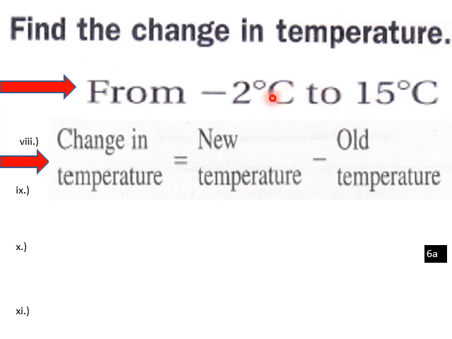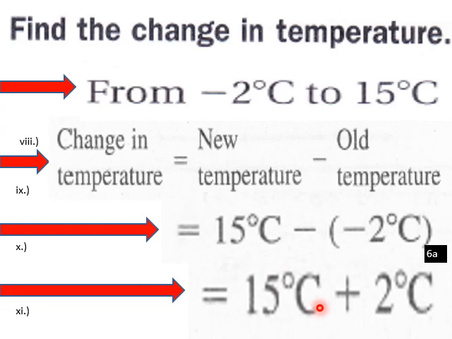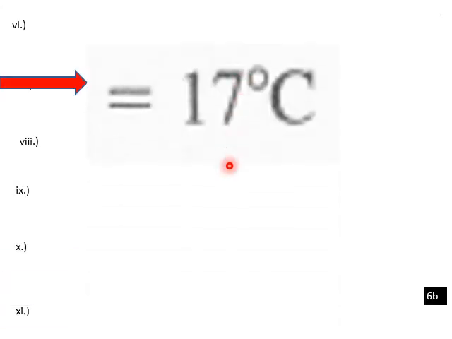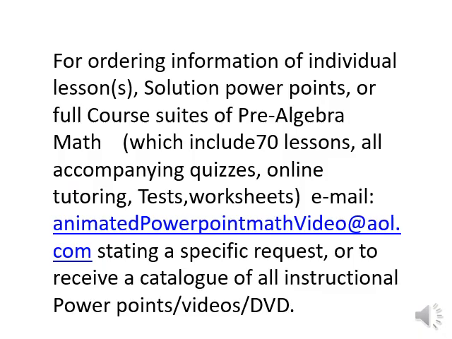Our old temperature would be negative 2. Our new temp would be 15 degrees. So we have 15 degrees Celsius minus negative 2 degrees Celsius. And that'll give us 17 degrees Celsius. So the temperature increased by 17 degrees Celsius.